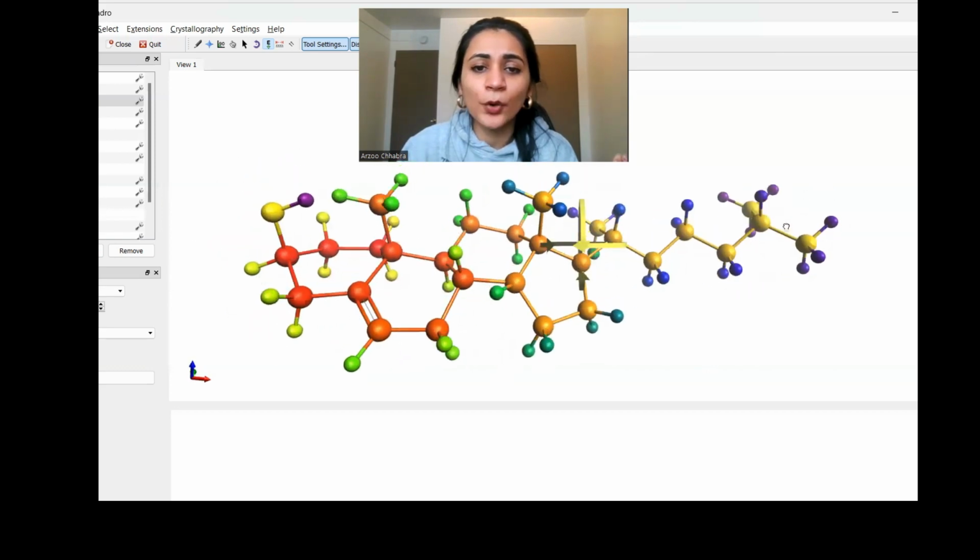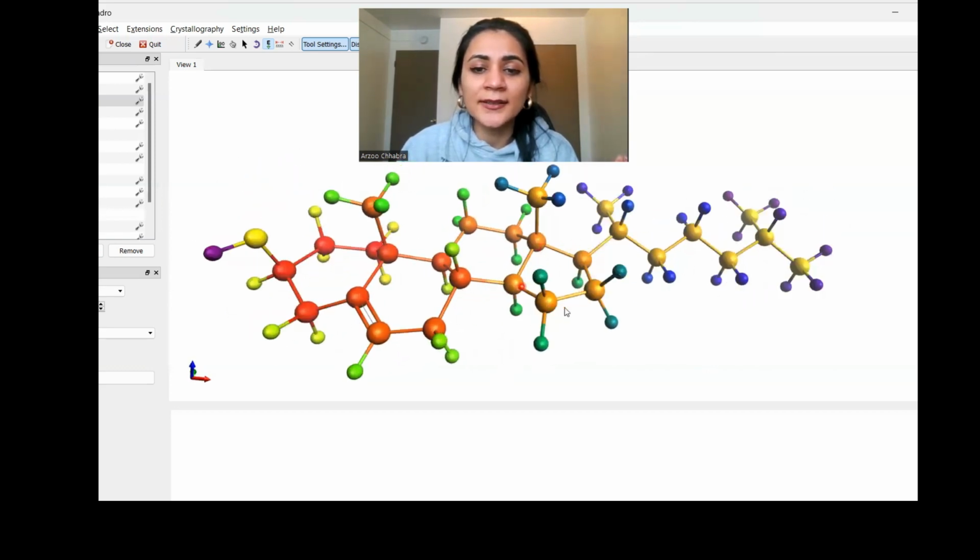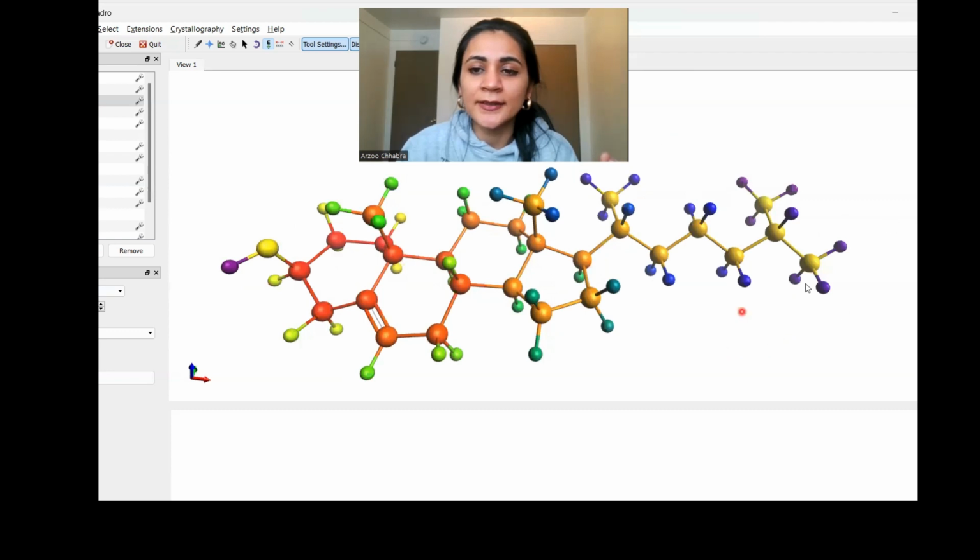Okay, and then the fourth ring right over here is a five-membered ring, right? With the CH3 coming on top, and then there is this entire branched structure coming off of the fourth ring, which is a five-membered ring.